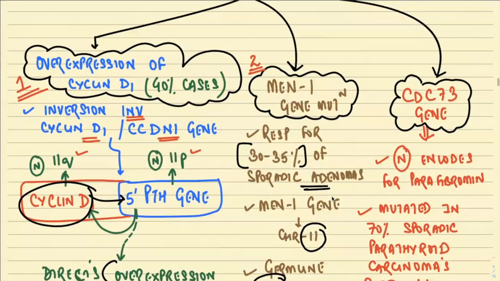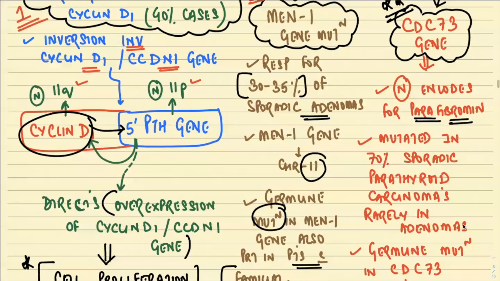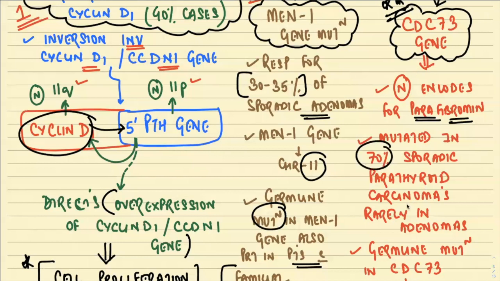Now, the last very important molecular alteration is the CDC73 gene mutation. Normally, this CDC73 gene encodes what is called parafibromin, and it is mutated in 70% of cases of sporadic parathyroid carcinoma, not adenoma. Remember, this is the catch question for the exam.